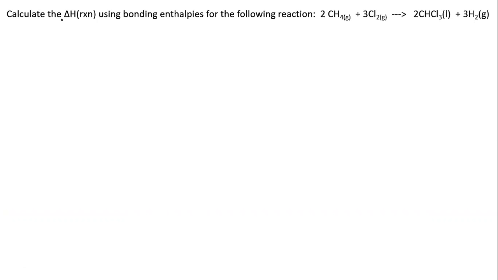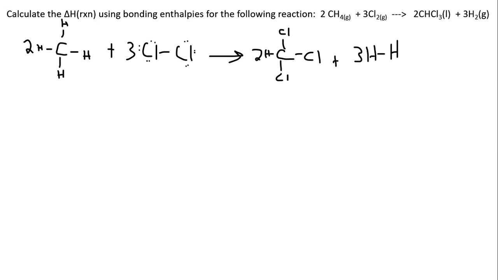So whenever you're asked to determine the delta H using bond enthalpies, the first thing I would recommend is to draw the Lewis structures of the reactants and products. And this will give you an idea of the types of bonds that are broken and the types of bonds that are formed, because every type of bond has a different bond energy associated with it.